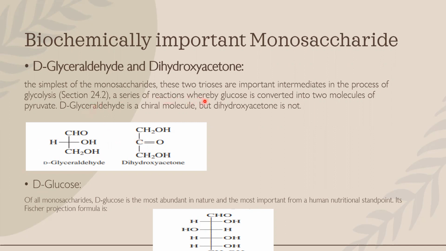Okay, so a series of reactions whereby glucose is converted into 2 molecules of pyruvate. D-glyceraldehyde is a chiral molecule, but again, dihydroxyacetone is not.